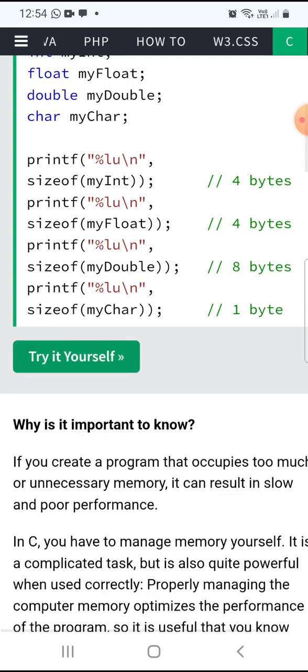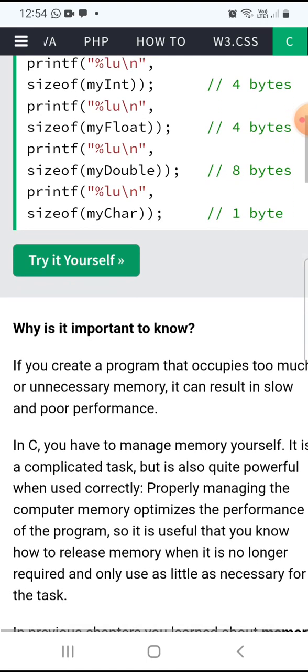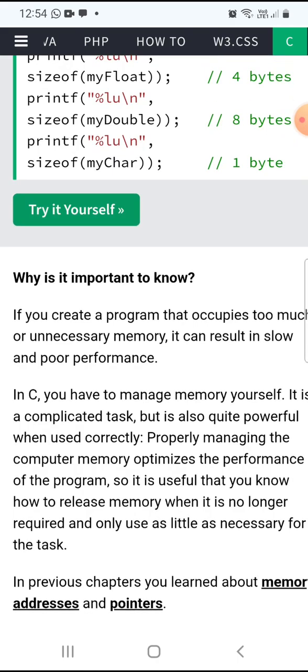So from time to time, management of memory is very important. Unneeded memory is to be removed, otherwise the program performance may be slow or low.